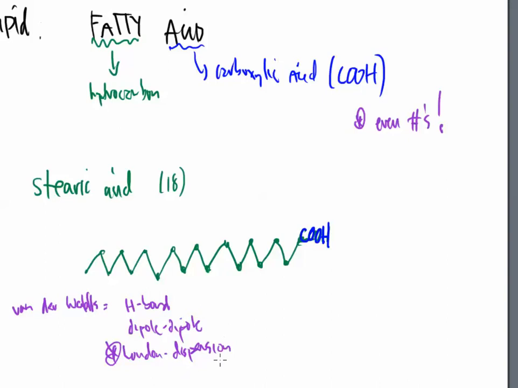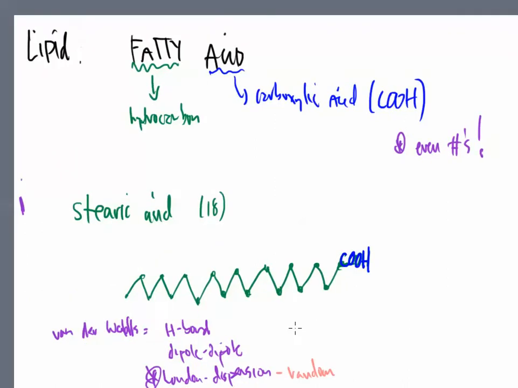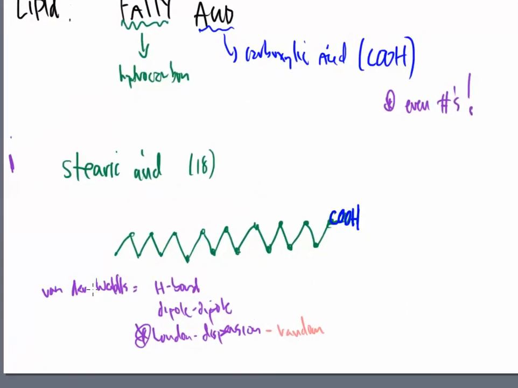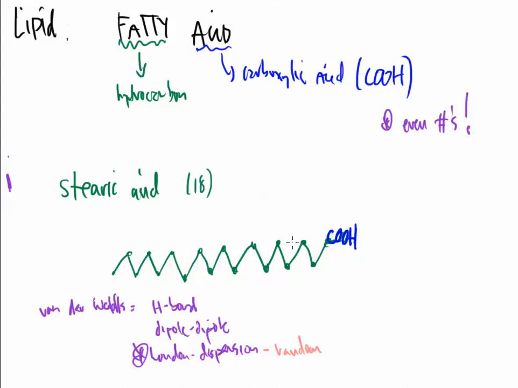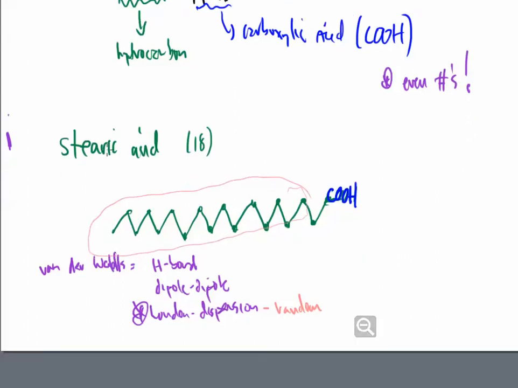So what is London dispersion? This is random. That is what we said back in the day. It's a random force. So what you've got to keep in mind, number one, is that these molecules, especially in this area of the structure, basically have no functional group.